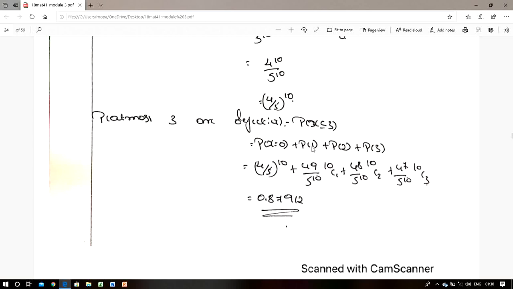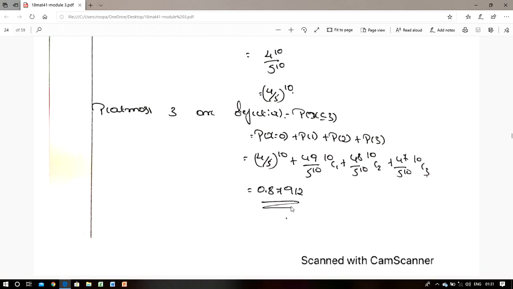P of x less than or equal to 3 can be written as P of x equal to 0, plus P of x equal to 1, plus P of x equal to 2, plus P of x equal to 3. Simplifying all the values, we get 0.87912. I hope all of you understand this concept.